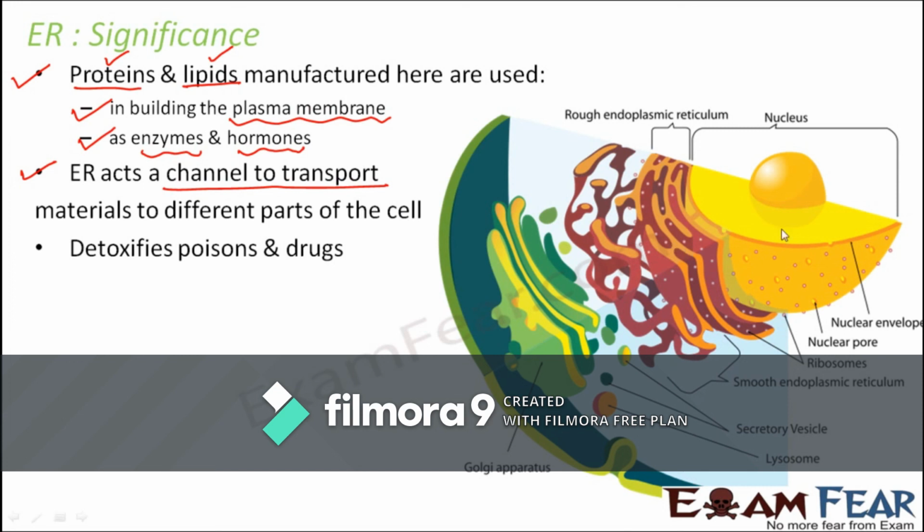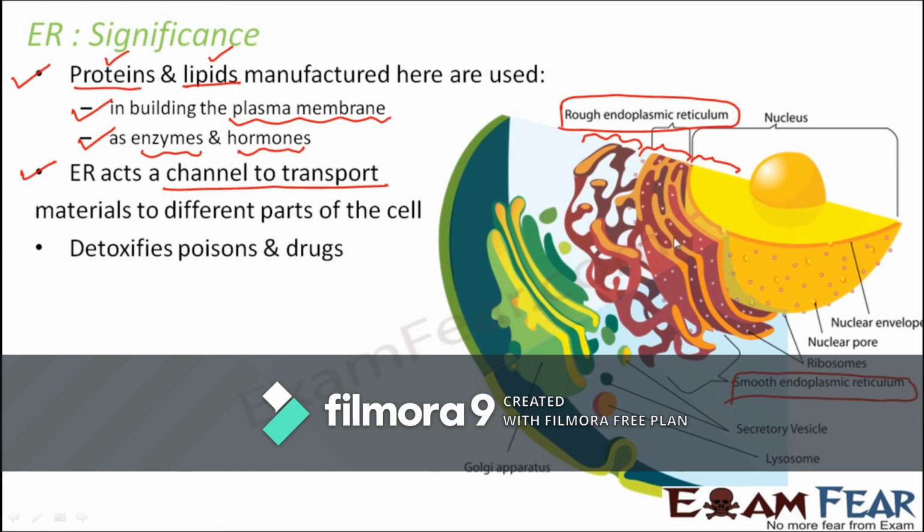Now, as you saw in the picture, see here, this is the nucleus. Immediately after the nucleus, we have the rough endoplasmic reticulum, with dots over it. So it is present in between the nuclear membrane and the smooth endoplasmic reticulum. This picture gives a clearer view that rough endoplasmic reticulum is located between the nuclear membrane and the smooth endoplasmic reticulum.